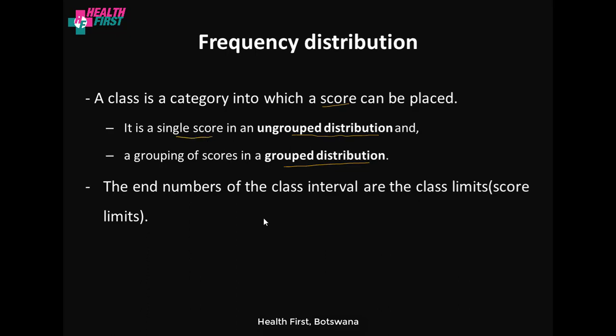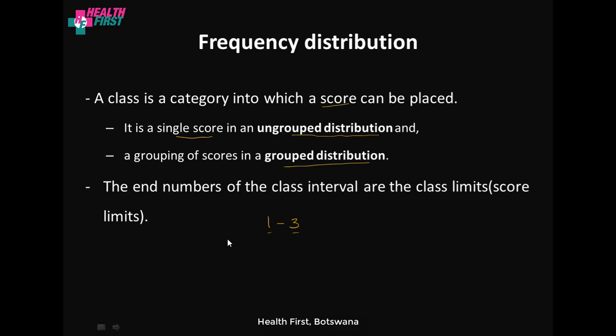So you may have a class that starts at maybe 1, which means that this class includes all data values from 1 to 3. This is what we call grouping. This is important because it summarizes your data, and it makes your data easy to manipulate and easy to work with.